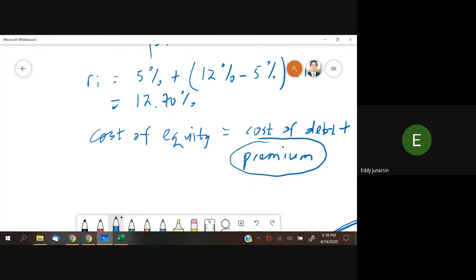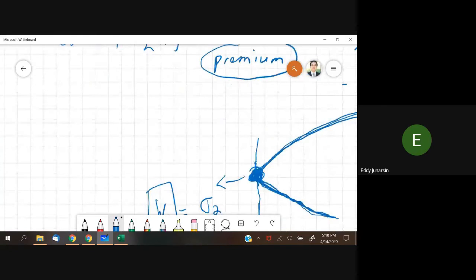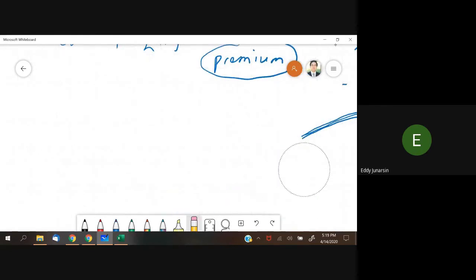So this is a lazy method. We are not saying that it's wrong, but we are not sure about the accuracy because you just take it as it is, take it for granted: cost of debt plus a certain premium. So it's another method or approach that can be used. Okay, so we have seen the cost of existing equity.